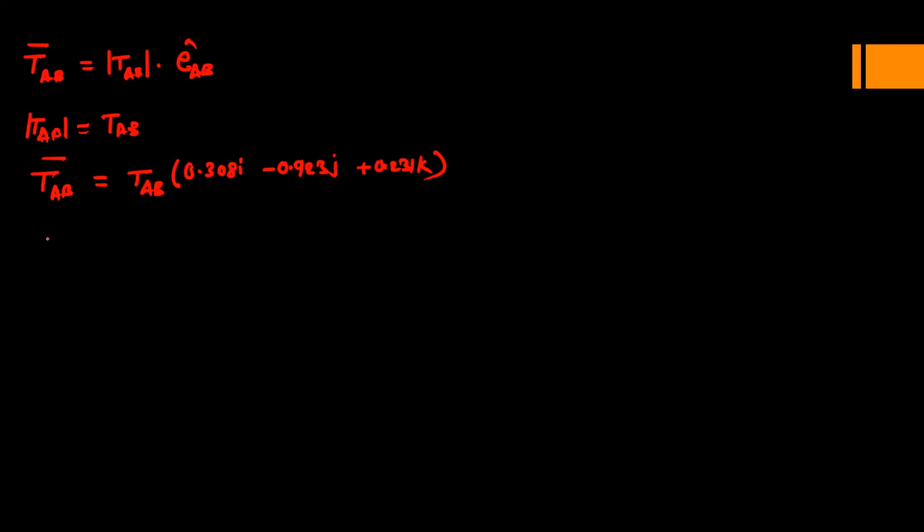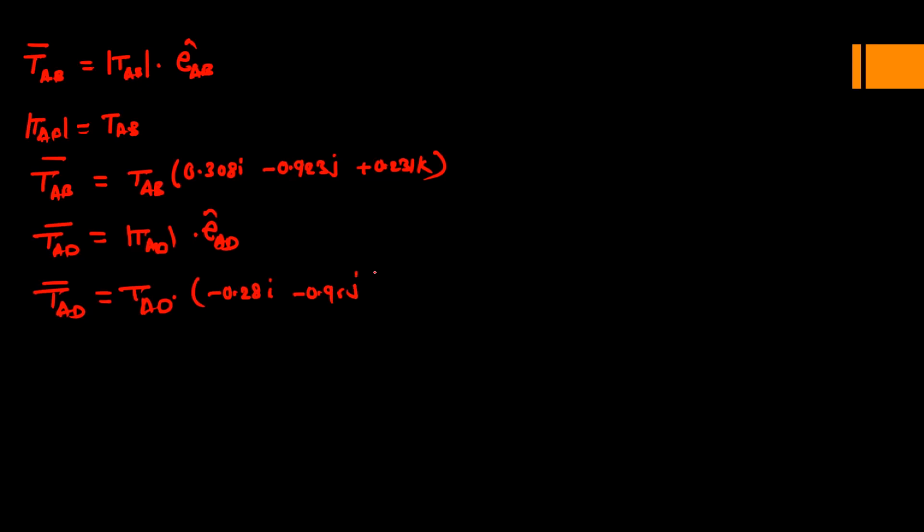And then write the vector tension AD, which is equal to the magnitude of tension AD into unit vector AD. So tension AD bar is minus 0.28i minus 0.96j, and its z component is 0 for this vector.